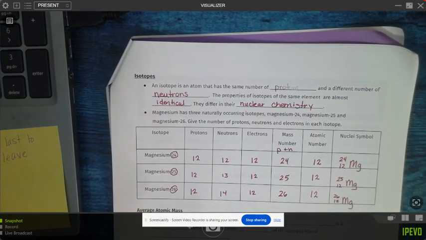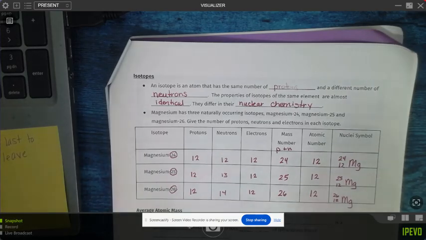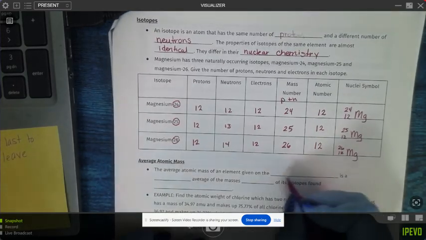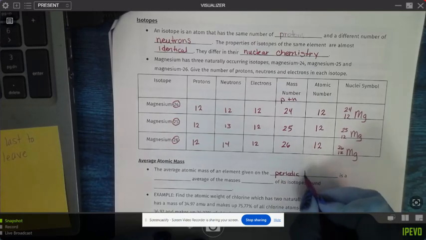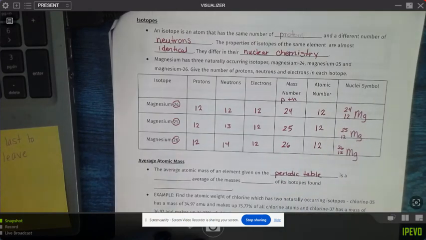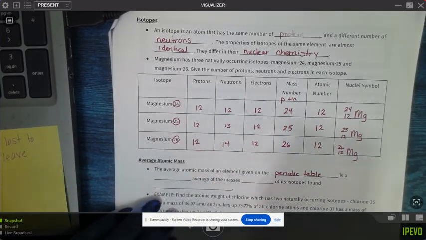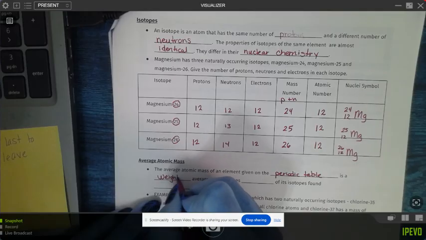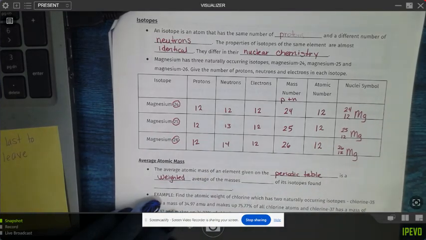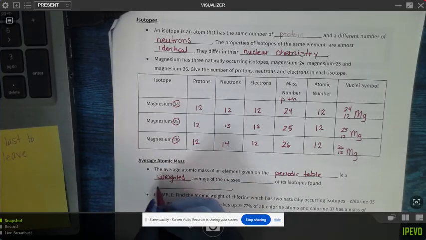Okay, now the average atomic mass of an element is the atomic mass we see on the periodic table, and it's the decimal number. Okay, and what the average atomic mass is, it's a weighted average based on the masses of the different isotopes on the Earth.